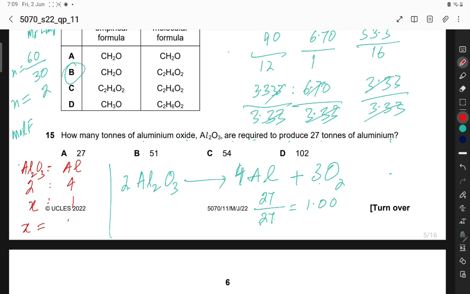X is equal to 2 divided by 4, so this is 0.5, and the aluminum oxide mole is 0.5.